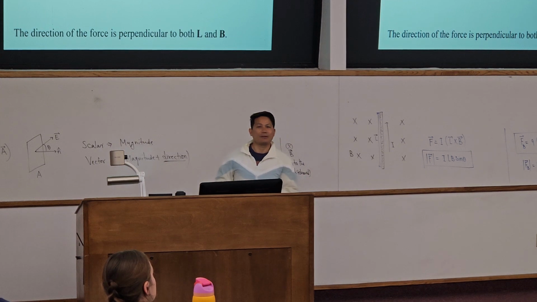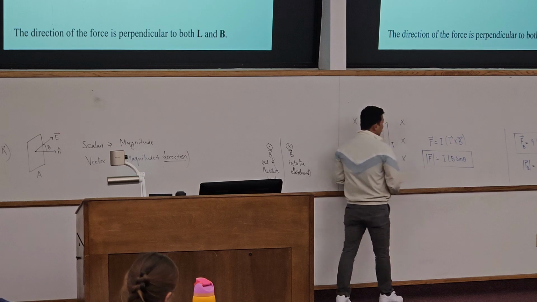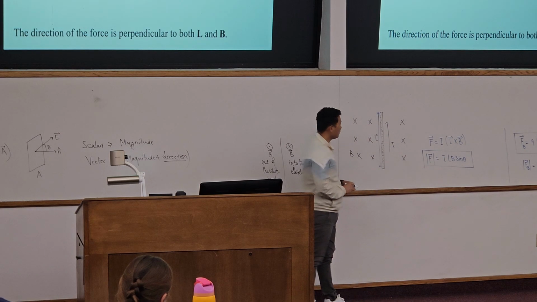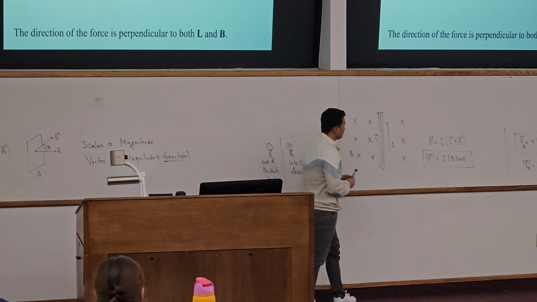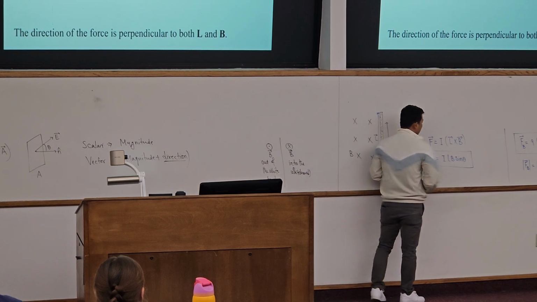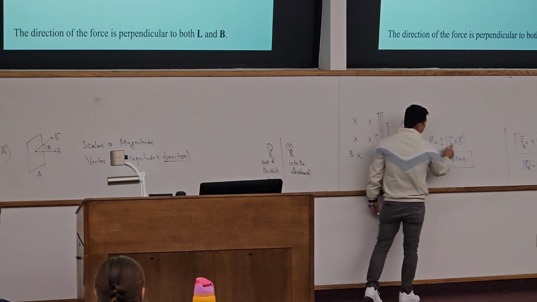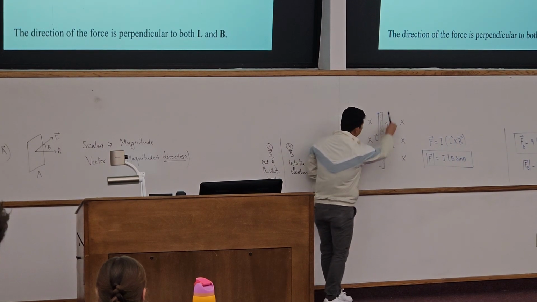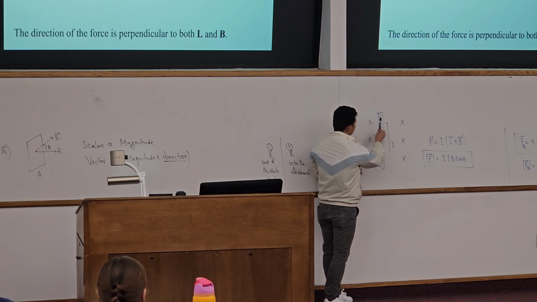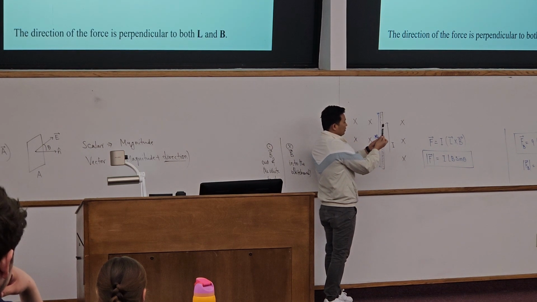Now, I can find the direction of this force using the right hand rule, which I told you a while ago. If you have two vectors, take your right hand and point your fingers from the first vector to the second vector. My current is going in this direction, so my length vector is along this direction. One vector is going up, and the second vector is going into the whiteboard.